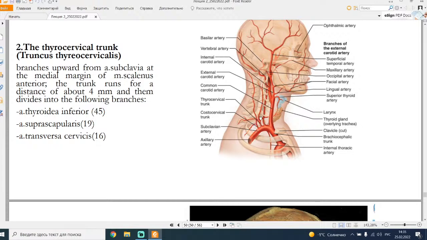This is truncus thyrocervicalis, arteria vertebralis, truncus costocervicalis, arteria thoracica interna.